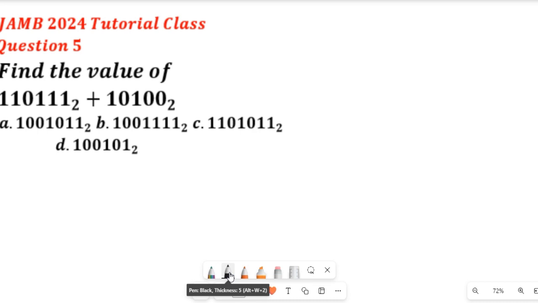To solve this first question on binary numbers, we are going to look at the rules guiding the addition of binary numbers. What are the rules?